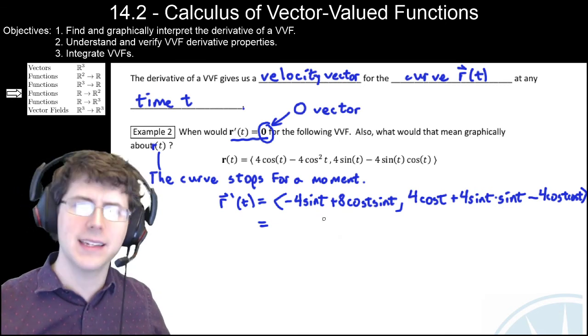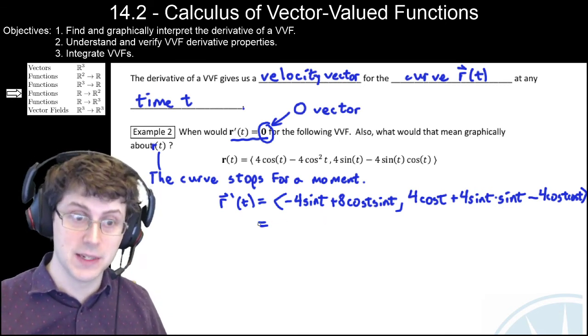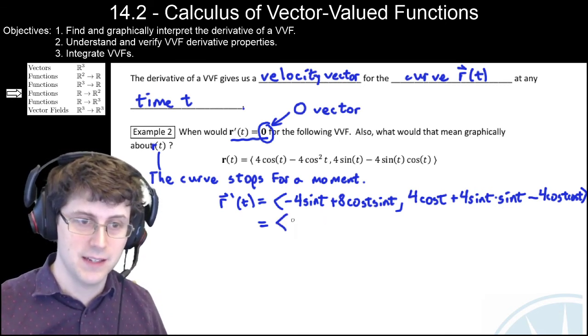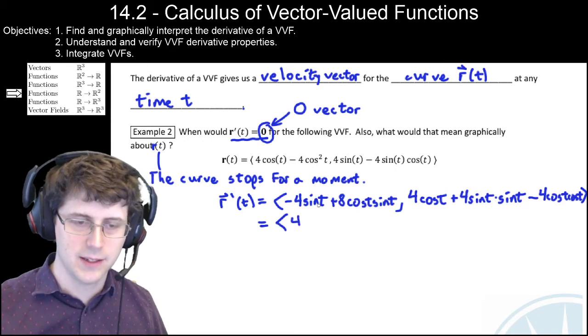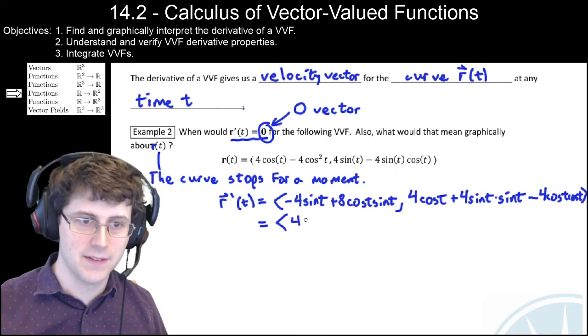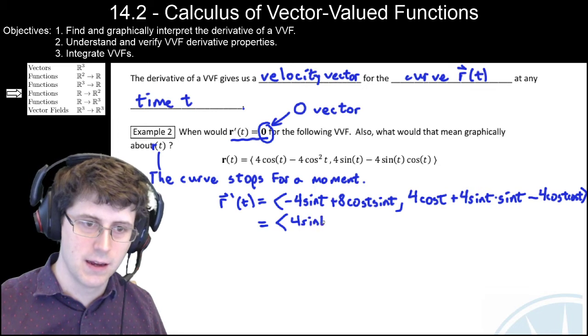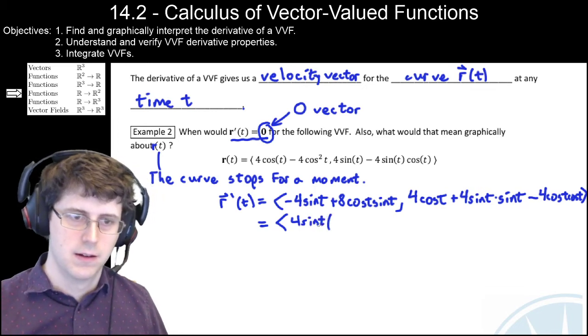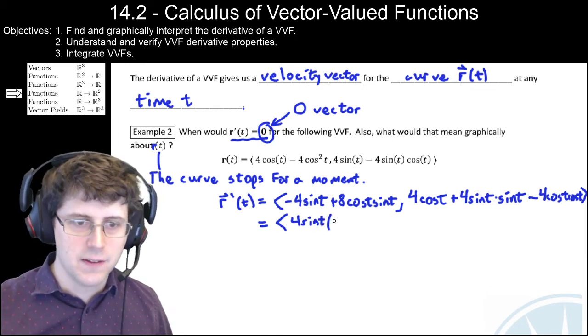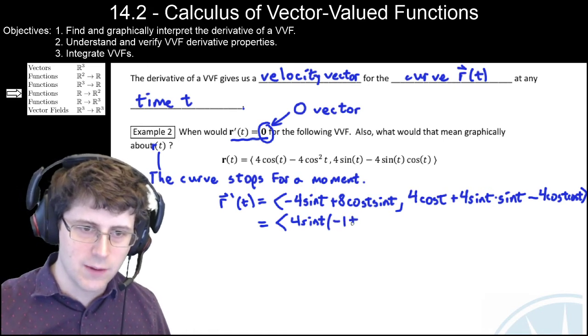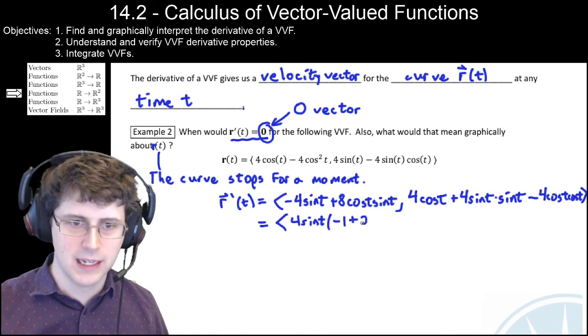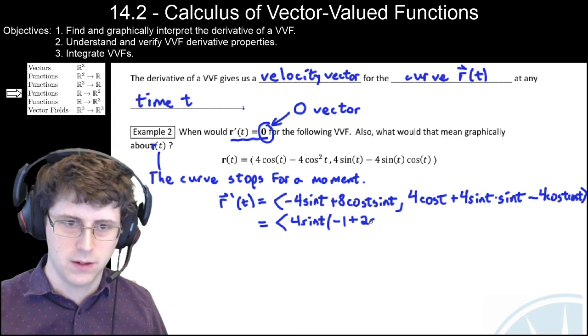So when I'm trying to set things equal to 0, it's good to factor them as much as possible. So I'm definitely factoring out a 4, and it looks like both of the terms in the x component have a sine t in them. When I take 4 sine t out of the first term, I get minus 1. And when I take 4 sine t out of the second term, I get 2 cosine t.